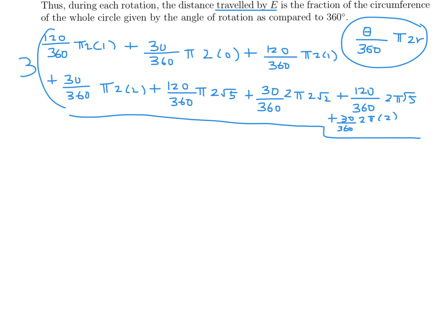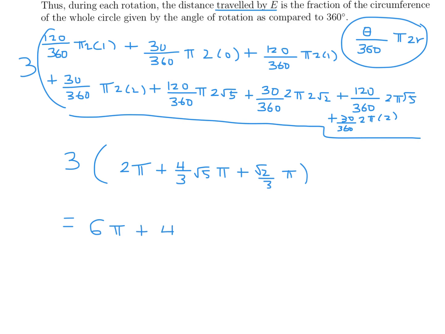So when you do all this math, it becomes 2 pi plus 4/3 root 5 pi plus root 2 over 3 pi. And then when you multiply by 3, it becomes 6 pi plus 4 root 5 pi plus root 2 pi. And that is the total distance traveled for E over the first 24 moves.